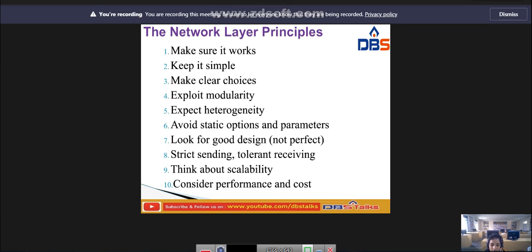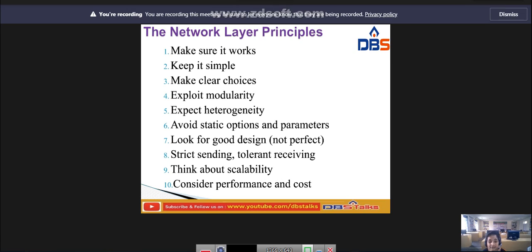So be strict when sending and tolerate when receiving. In other words, send only the packets that rigorously comply with the standards, but expect incoming packets that may not be fully conformant and try to deal with them.